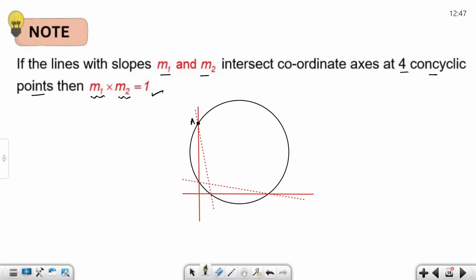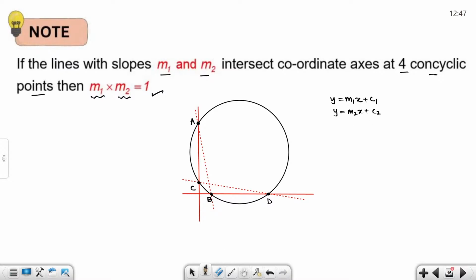Let us say A and B are the points of intersection on the coordinate axis by the first line whose slope is m1. Let the equation be y equals m1x plus c1. The second line, whose slope is m2, intersects the coordinate axis at 2 points, let us say C and D, and its equation is y equals m2x plus c2.